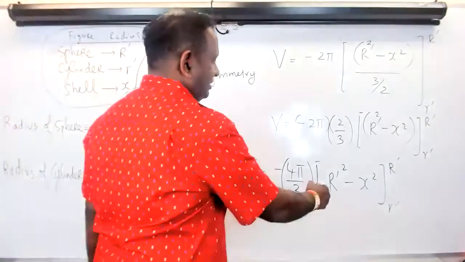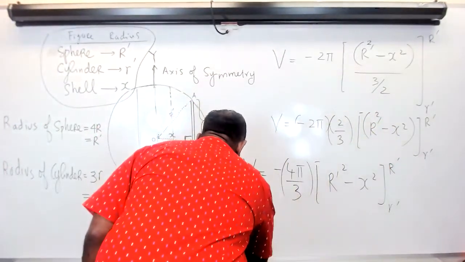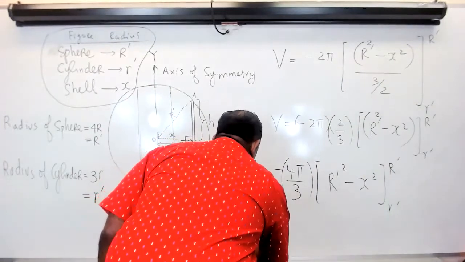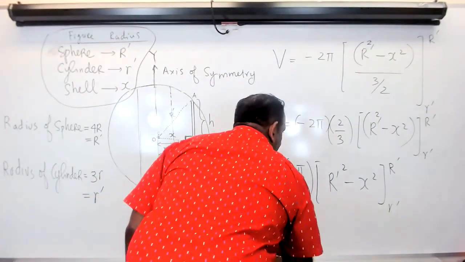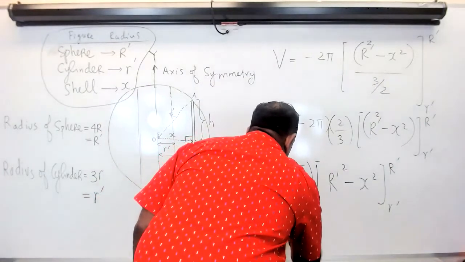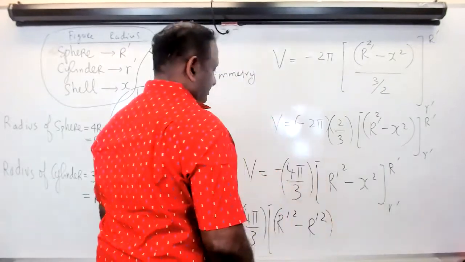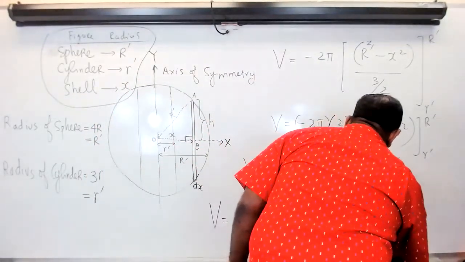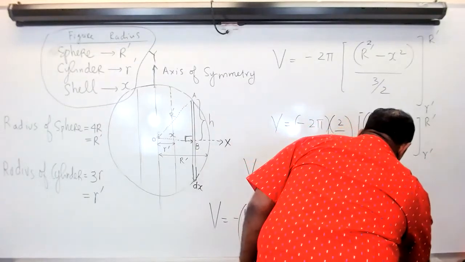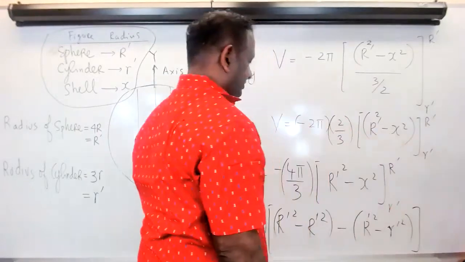Okay, then I'm going to plug in upper bound and lower bound. V equals negative 4 pi over 3, R prime squared minus R prime squared as upper bound, minus small r prime squared minus small r squared for the lower bound.